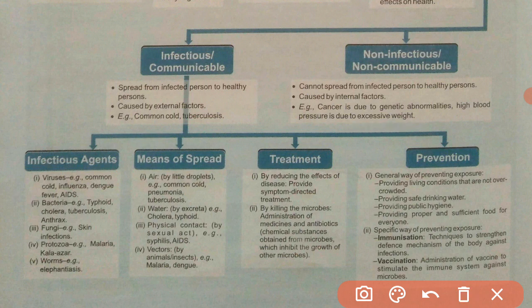Then we talked about the infectious agents, the viruses, bacteria, fungi, protozoa and worms, and the diseases caused by them. Then we discussed the means of spread. Some microorganisms transfer by air, some by water, some by physical contact, and some are delivered by vectors like insects and animals, like the malarial parasite, a protozoan, transferred by the mosquito.